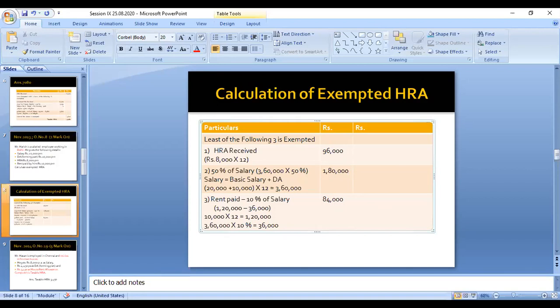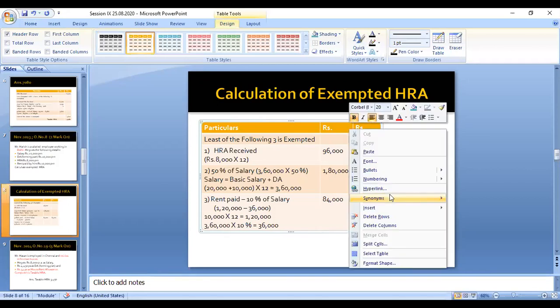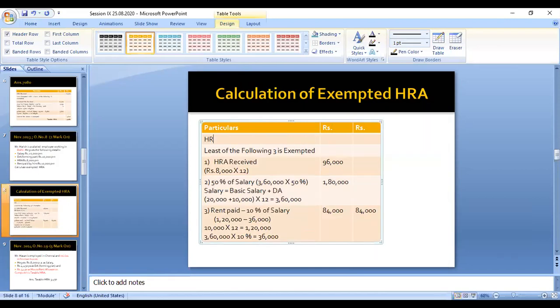So 84,000 is the only amount exempted. Okay, so exempted is calculated. Now you can go with the calculation of the taxable HRA also. HRA received is 96,000, but the amount exempted is only 84,000.